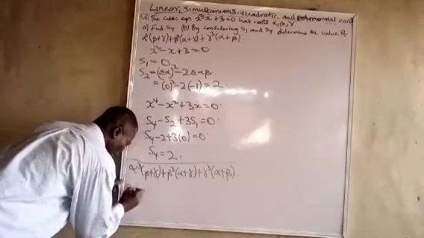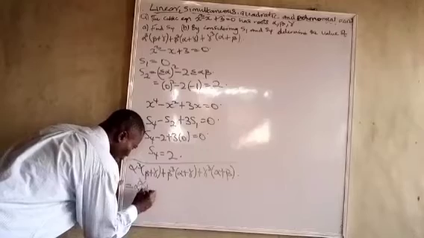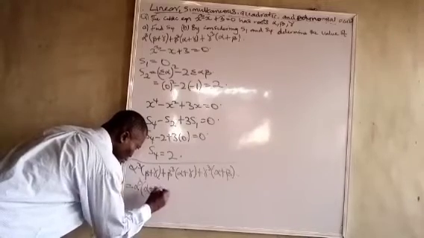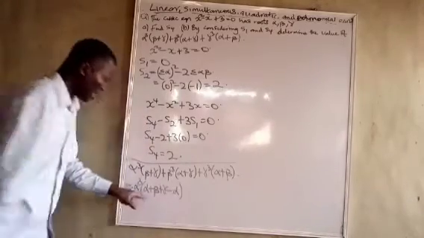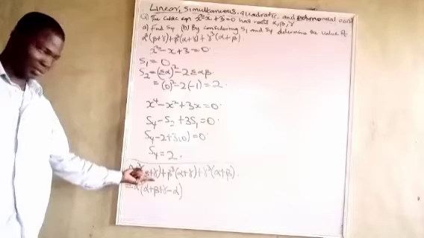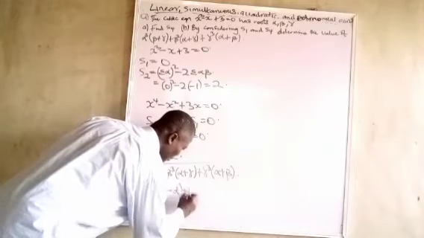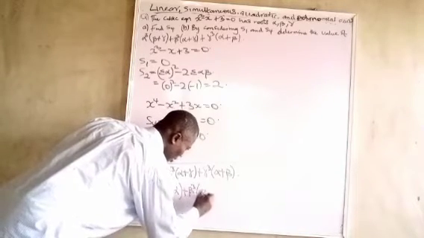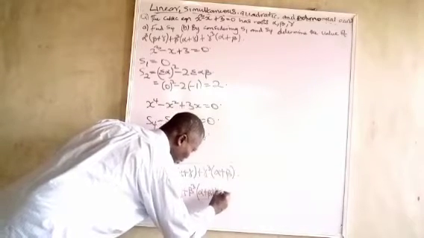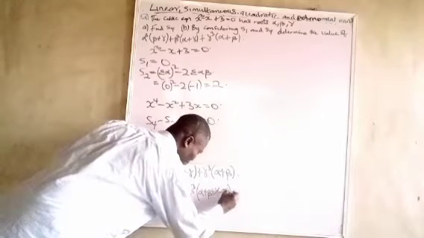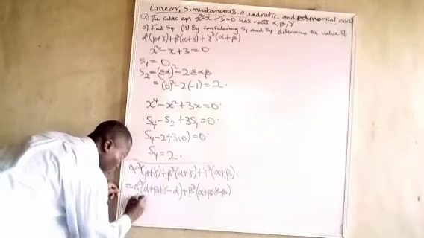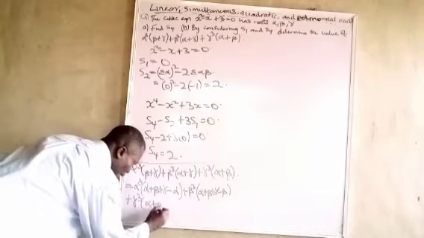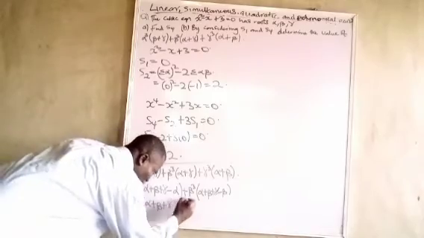Let's make it like this: alpha cube into alpha plus beta plus gamma minus alpha. So I added alpha here, I subtracted it again, so it still retains. Plus beta cube into alpha plus beta plus gamma minus beta. Plus gamma cube into alpha plus beta plus gamma minus gamma.